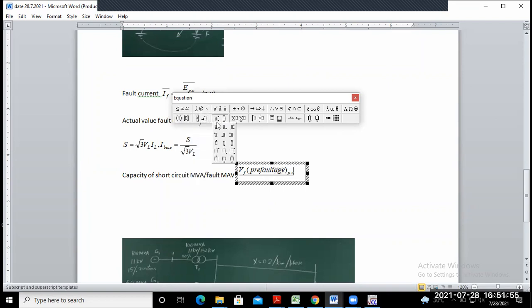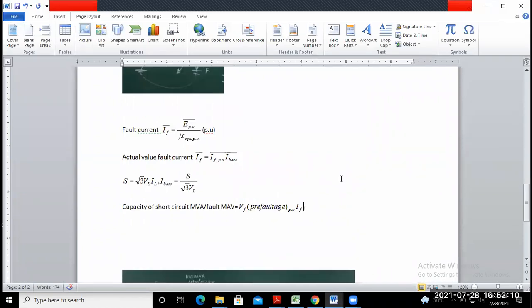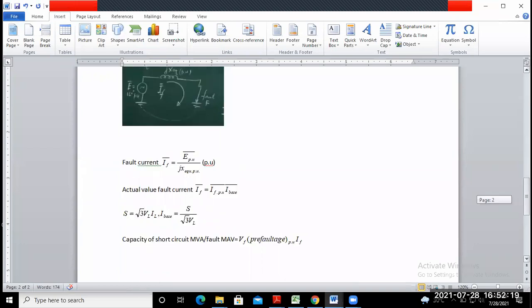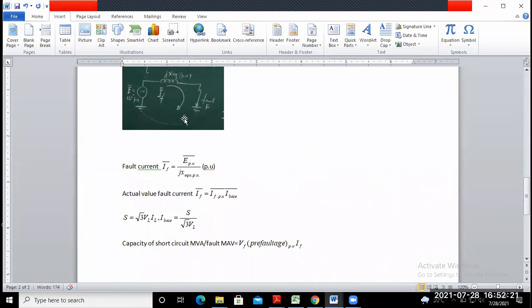So just put here I_F in per unit. So this is given as E_F in per unit and I_F in per unit. Suppose that a fault impedance, represented by Z_F, is given to you. So what is the fault current value?